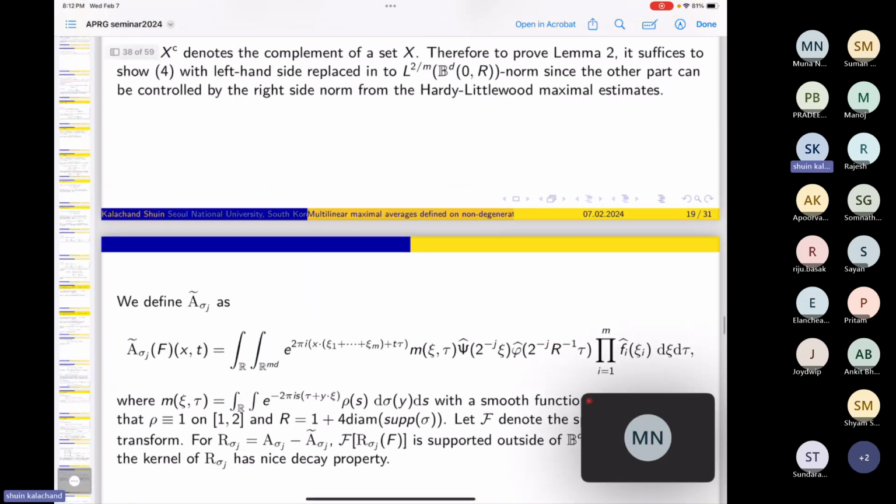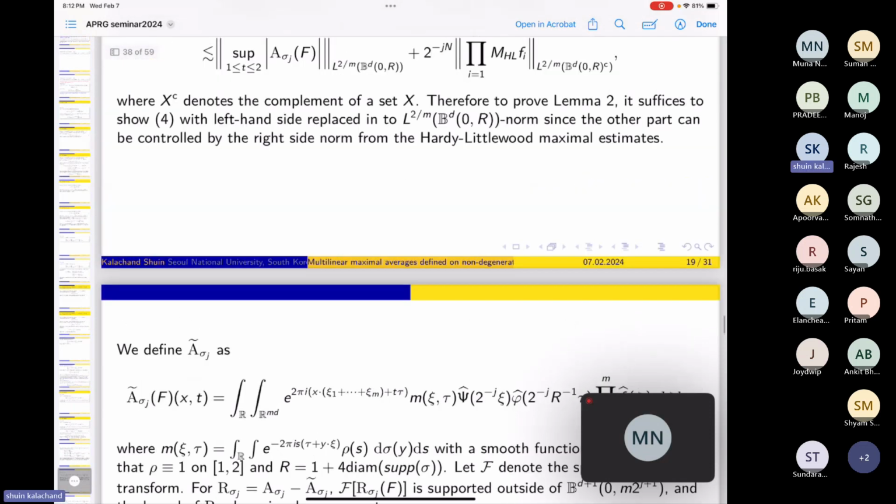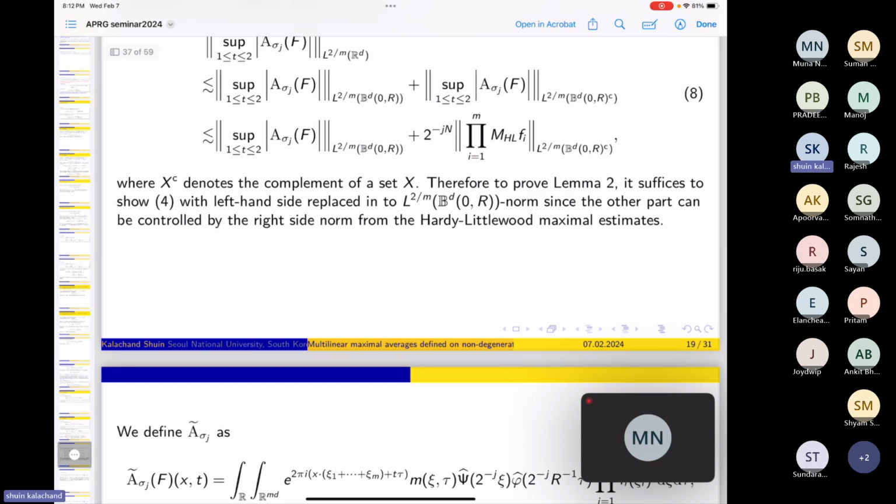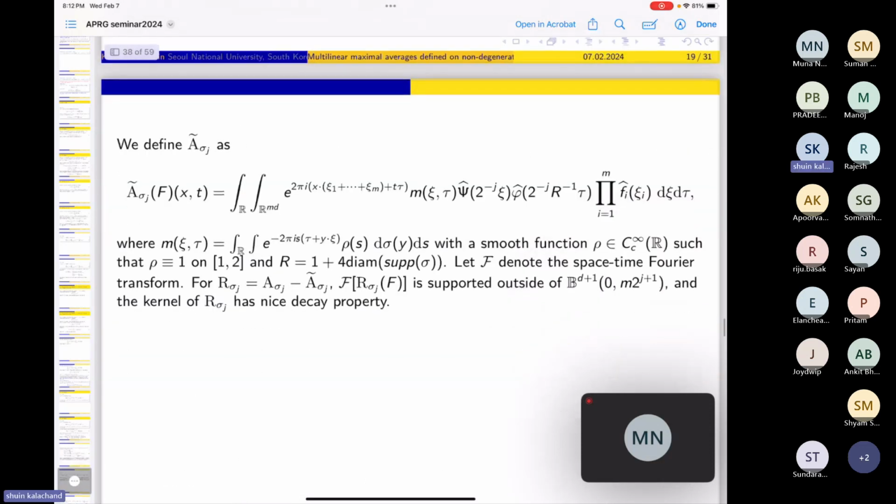In order to prove the estimate for this first component, we define the auxiliary operator A sigma j tilde, which is defined by this.